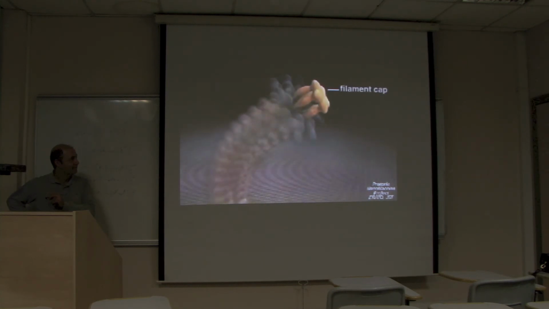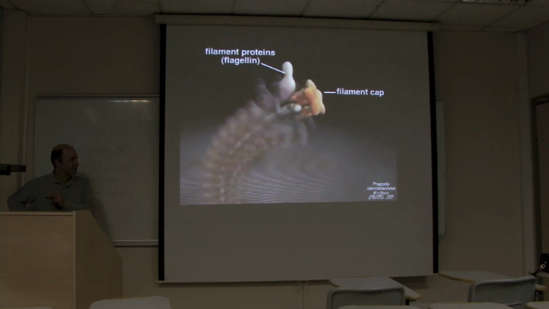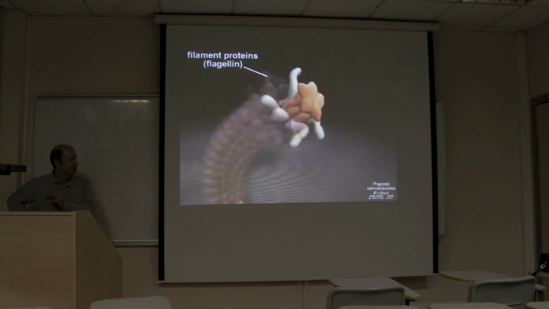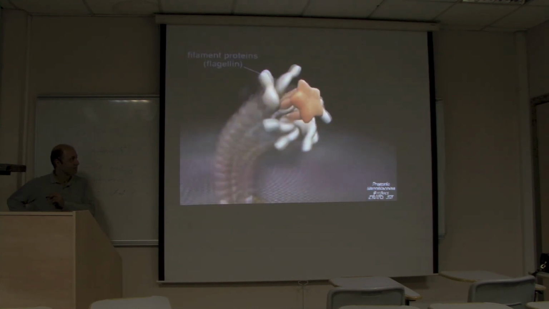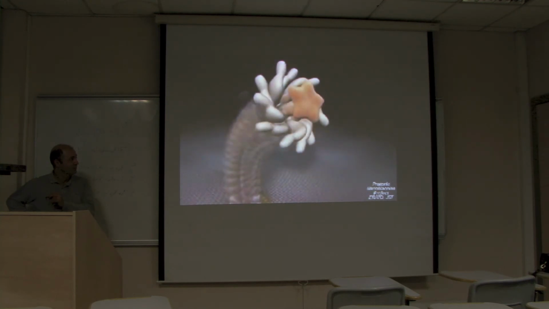Finally, yet another cap is built, and filament proteins assemble. Like the rod and hook proteins, they travel through the hollow channel inside the filament to reach the distal end.